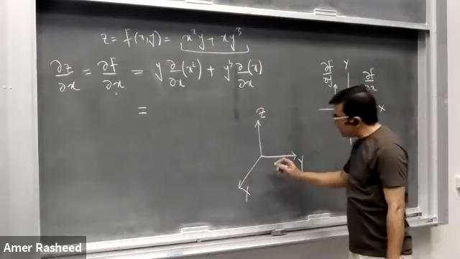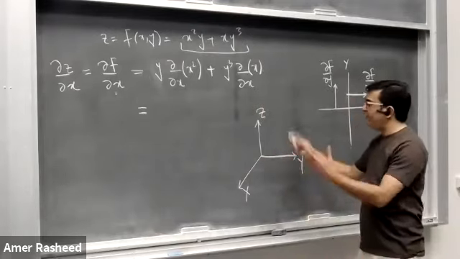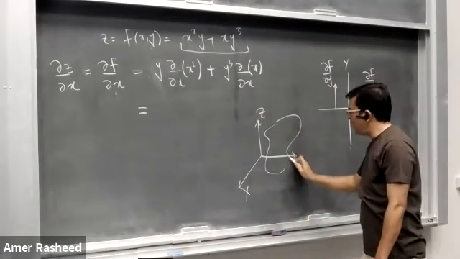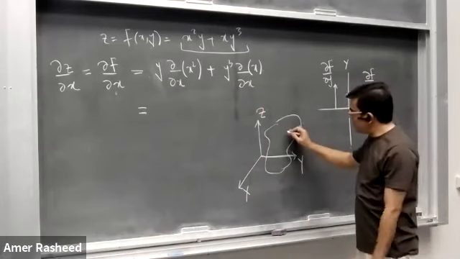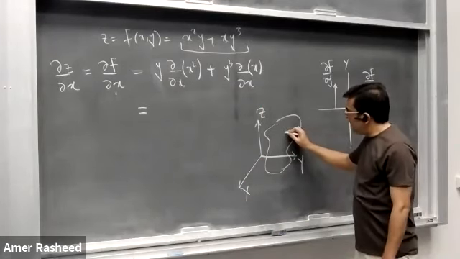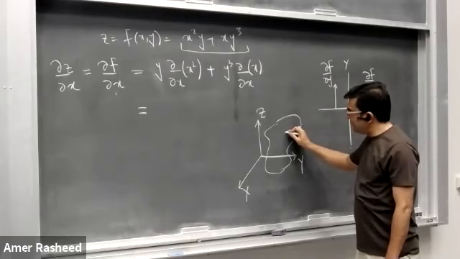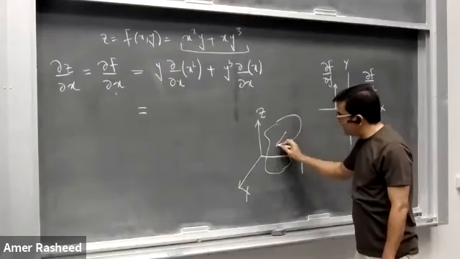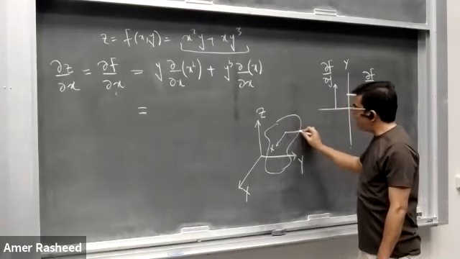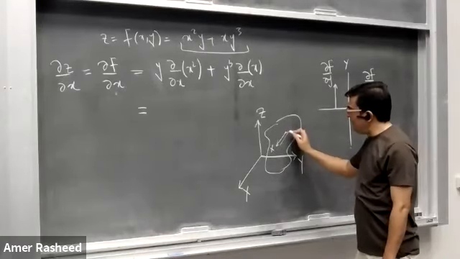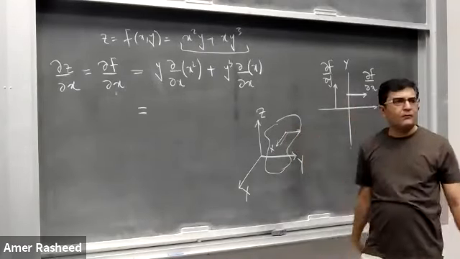If there is some surface function, a 3D function, and you are trying to find its rate of change only in the x direction, then y in that direction would remain constant. Sir, if it had been the partial derivative of y with respect to x, then the product rule would be applied then.